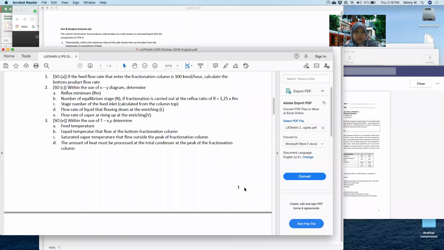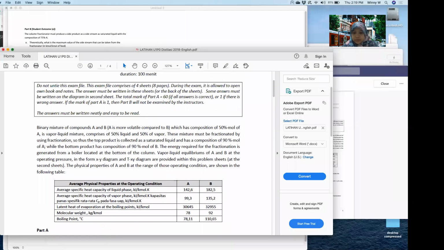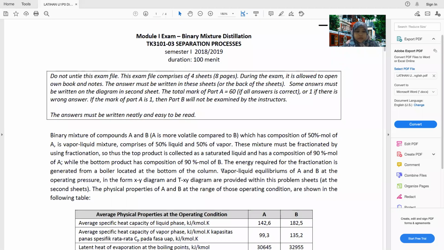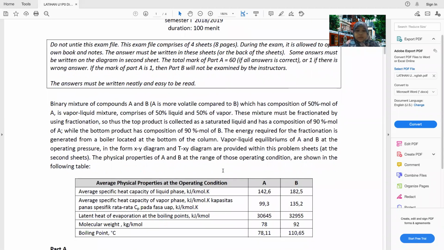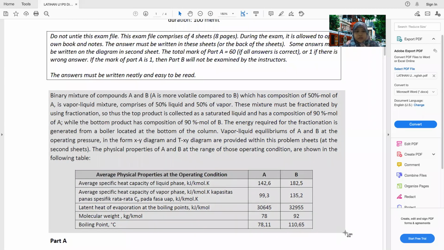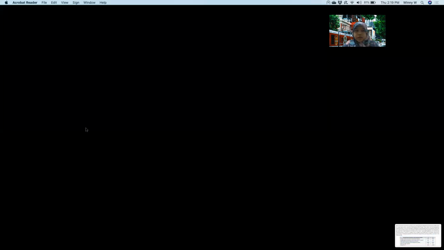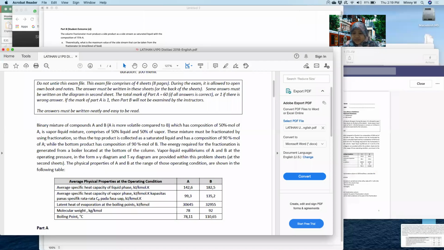I don't know why it's like this. What if I make a copy of this and put it into PowerPoint? Hopefully that works. Sorry for that.